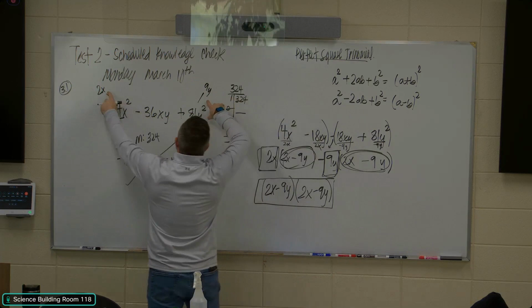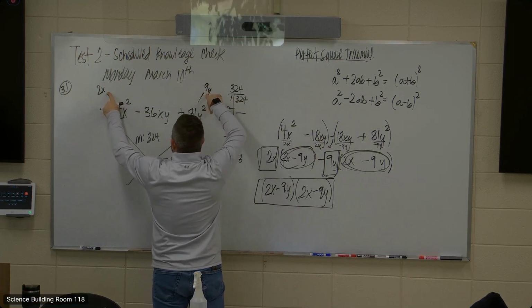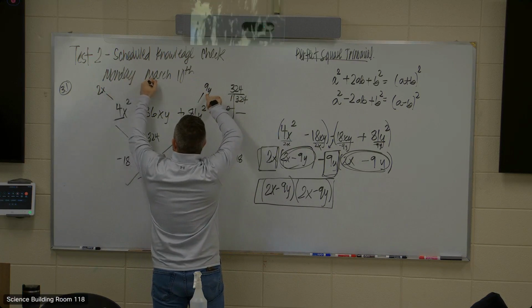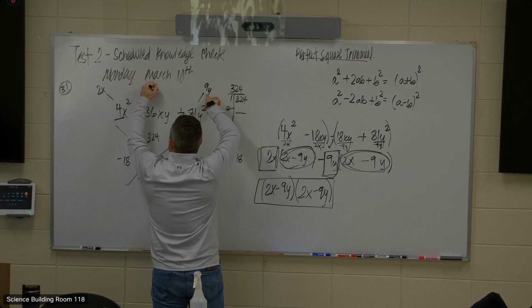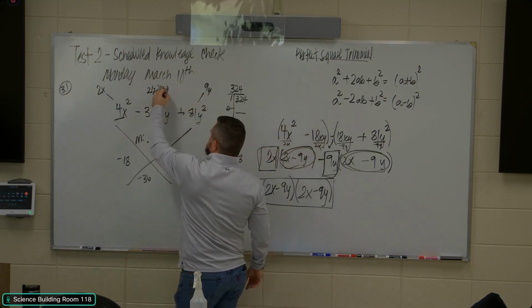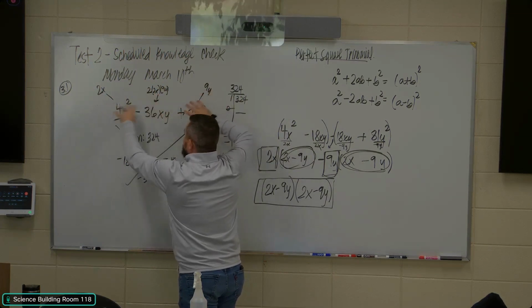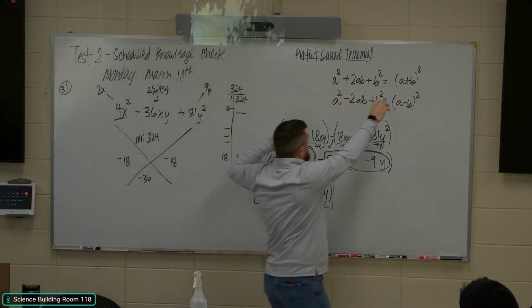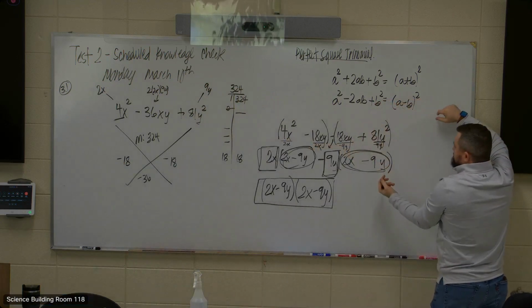And 2 times 2x times 9y is 36xy. So since it fits the formula, you can just take your 2x and your 9y and subtract them.